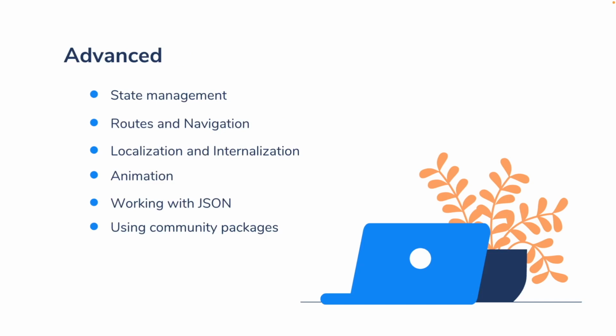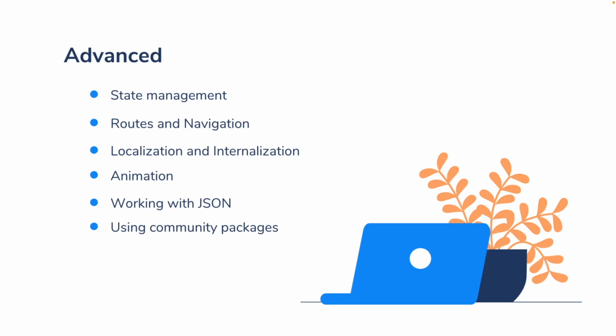After practicing section 1 and section 2 of part 2, you should start the advanced section, which includes state management, routes and navigation, localization and internationalization, and animation, and I recommend you keep with pre-built animations in the start and then get yourself into advanced animations.